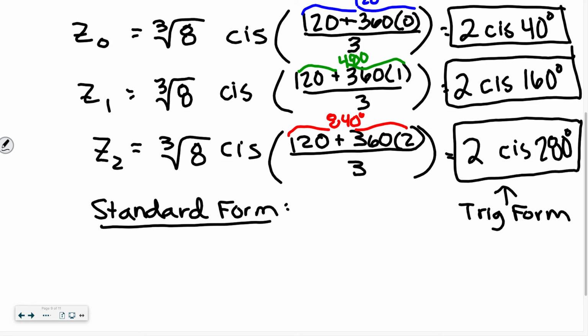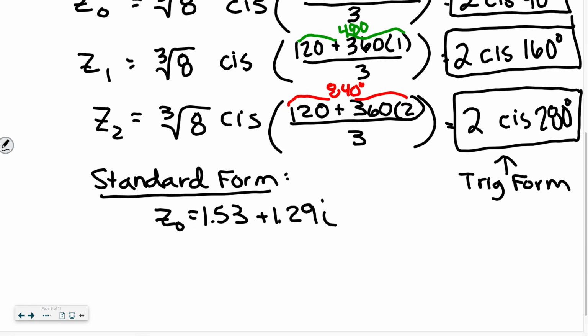So to get them in standard form, you're just going to do the components. 2 cosine 40. Make sure you're in degree mode. That's 1.53. And then I'm going to do 2 sine 40. That one has an i. So 2 sine 40 is 1.29i. Are you guys okay with where I got my numbers there?